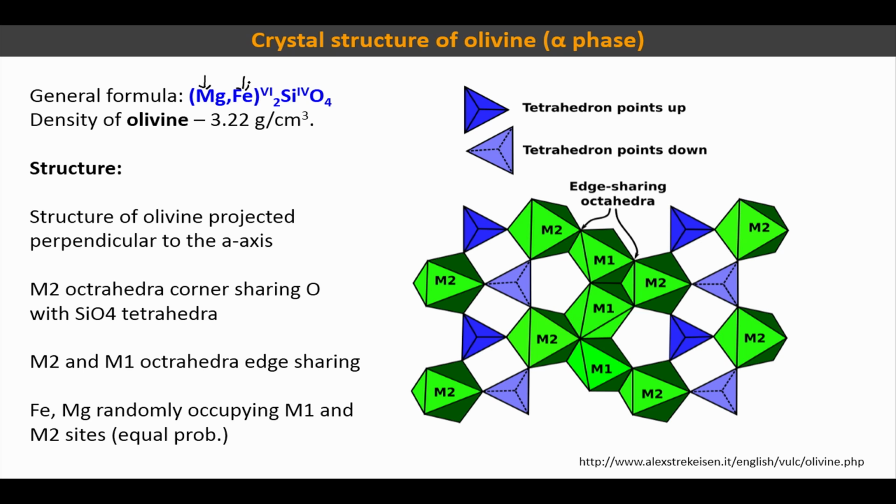Magnesium is 0.72 angstrom and iron is 0.78 angstrom.